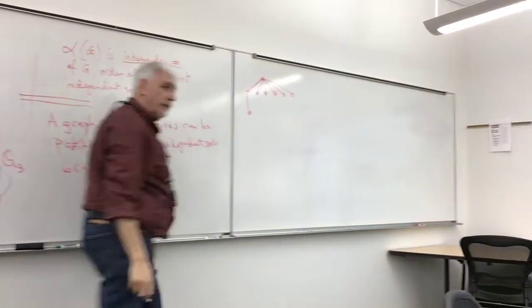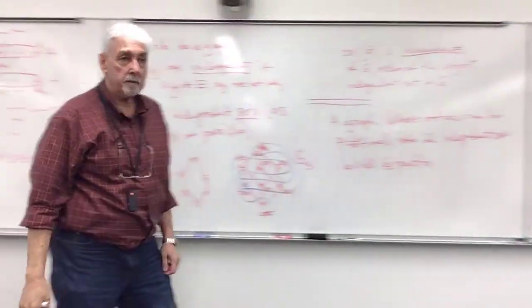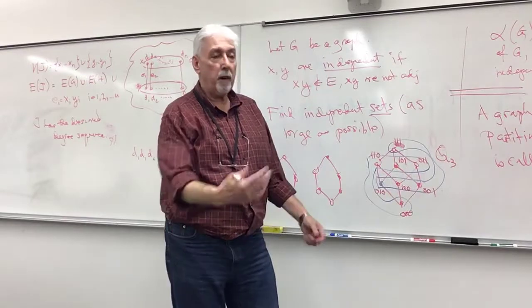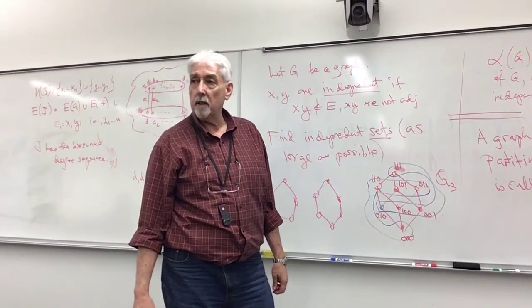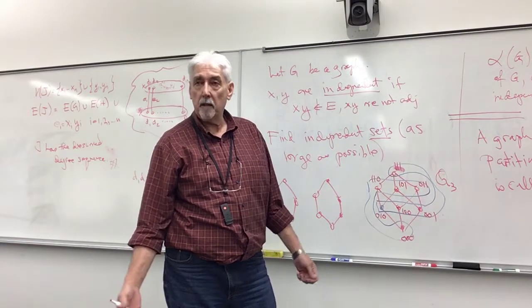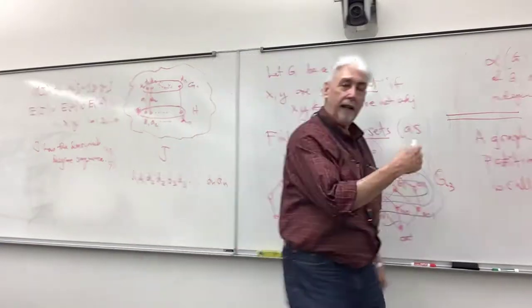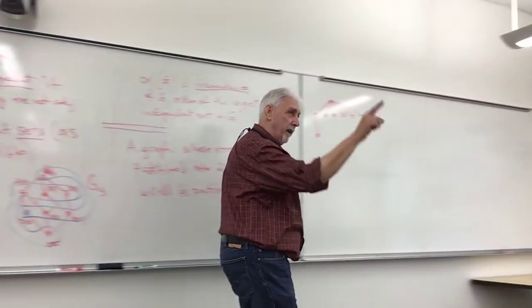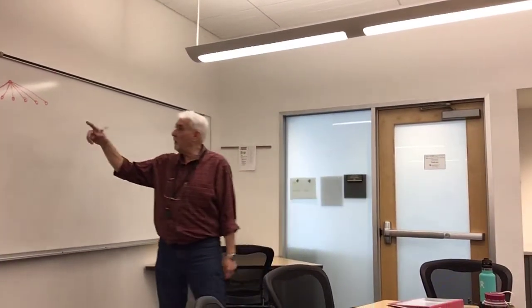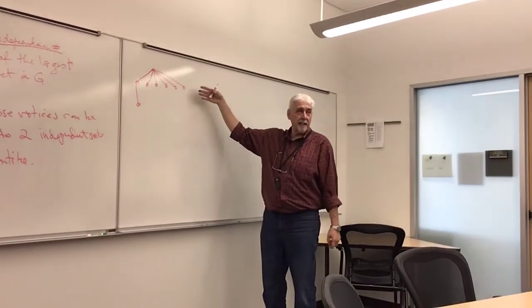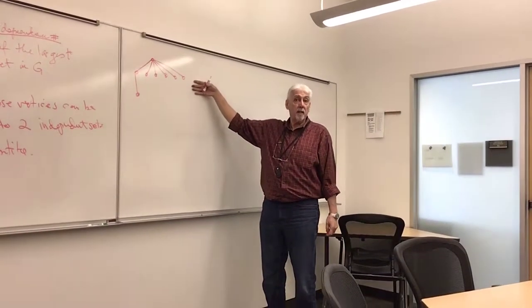So let me give you one, just to make it interesting. Here's a graph. Can you partition the vertices into two independent sets? Do you want me to label them, or can you just do it by pointing? Okay, so one more time. I want to partition the vertices into two independent sets.